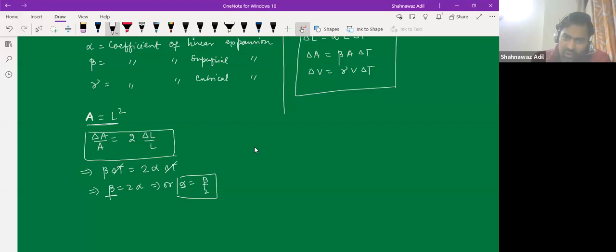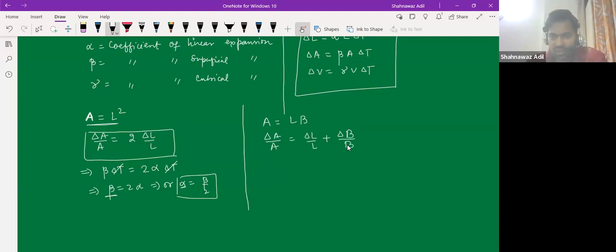This we have got. Or we can also see from here that area can be length into breadth, right? So if I also calculate delta A by A, that would be again how much, guys? What is the product? This is delta L by L plus delta B by B. Correct, guys? Yes, sir.